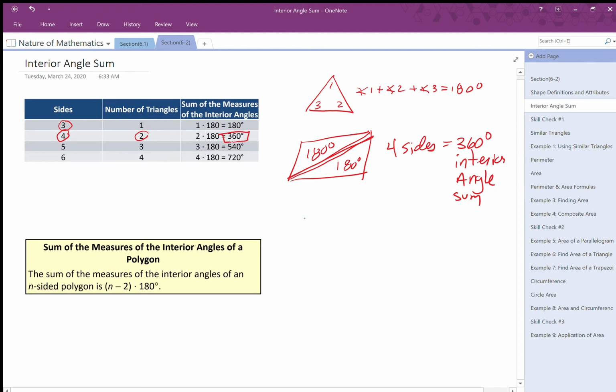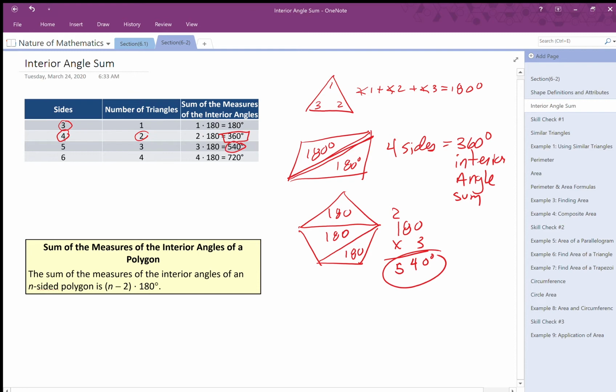And then if you had 5 sides, you can cut this into 3 triangles. 180 times 3 triangles gives us 540 degrees. And we see the list goes on and on, and we can go up to n sides. And that gives us our formula.